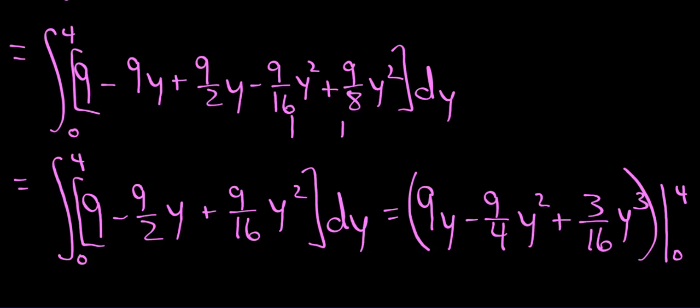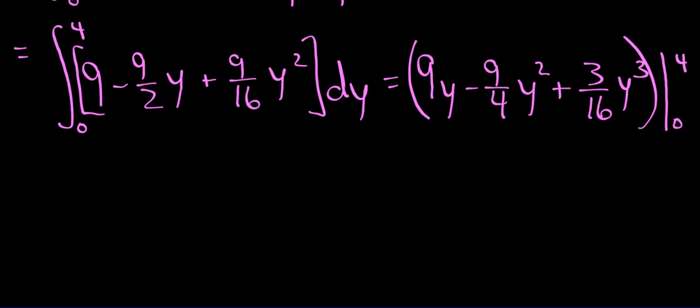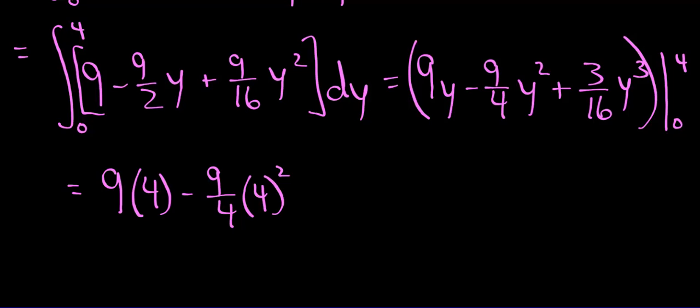Yeah, I think so. Now all I have to do is put in a 4, and then maybe a miracle will have happened and I got it right. So 9 times 4 minus 9 fourths times 4 squared, plus 3 sixteenths times 4 cubed.